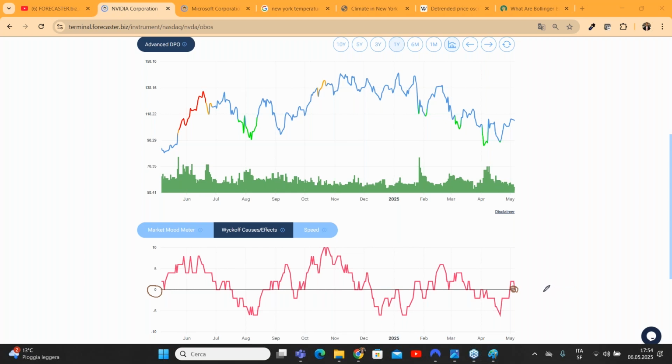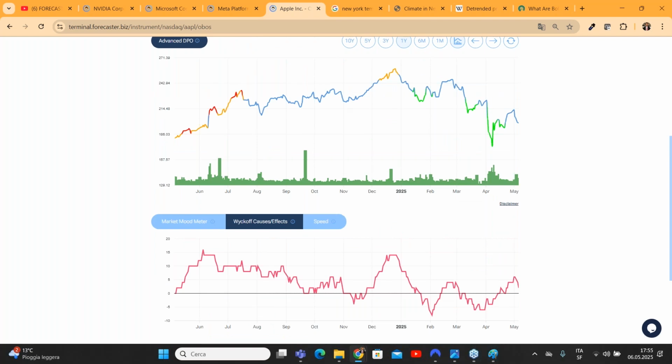Also in this case, what we are looking for is a divergence between prices and the indicator. Look, for example, at what happened with the Wyckoff. As I told you, when we have zero, it means the number of buyers equals the number of sellers, okay? What is important for us is to search for divergence.